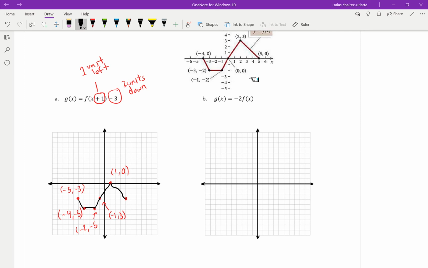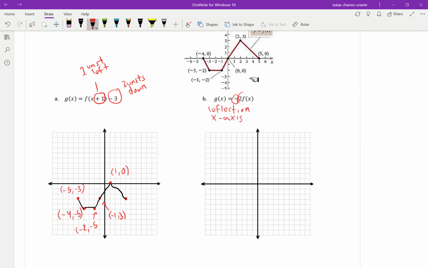All right, so let's see. Let's think about the next one then. So let's first identify the transformations that are happening here. This negative is definitely a reflection on the x-axis.